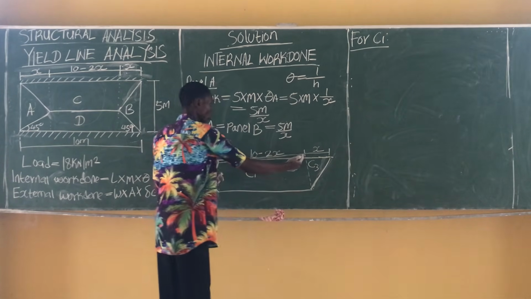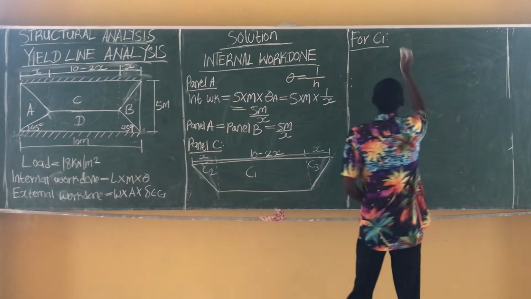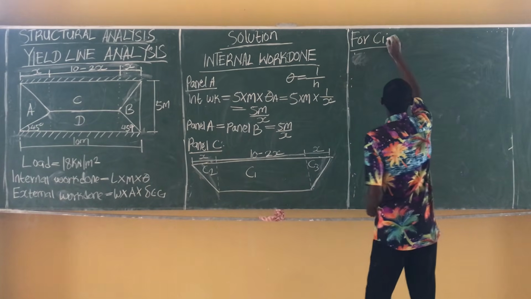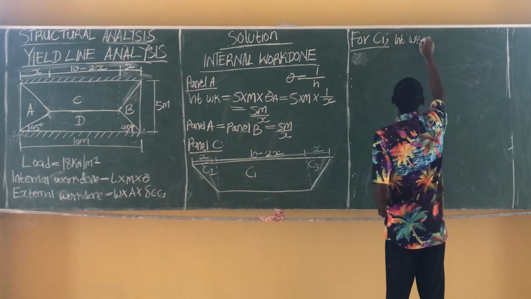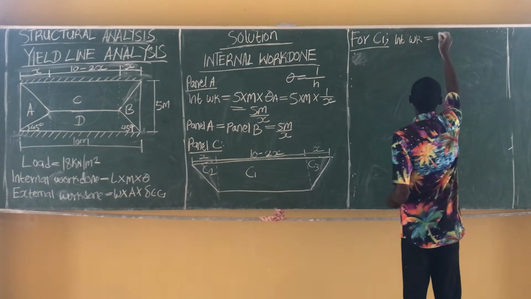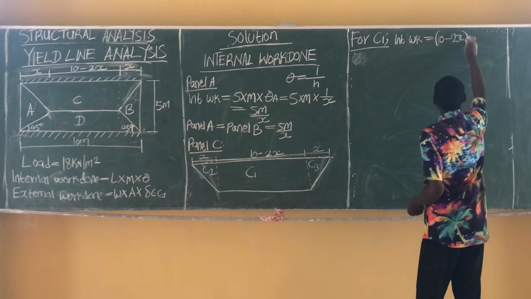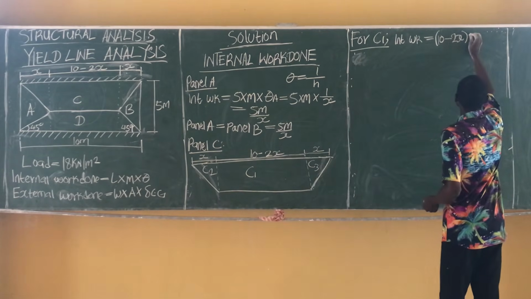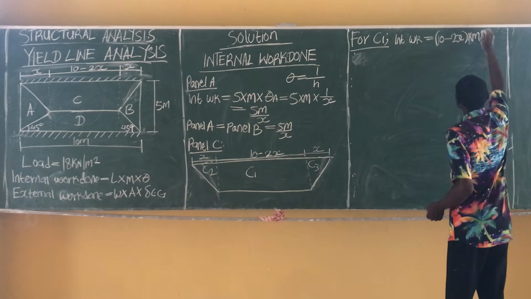The length is simply 10 minus 2x. So for C1, internal work done is equal to 10 minus 2x, which is the length, multiplied by the moment, which we are not given, m, multiplied by theta.